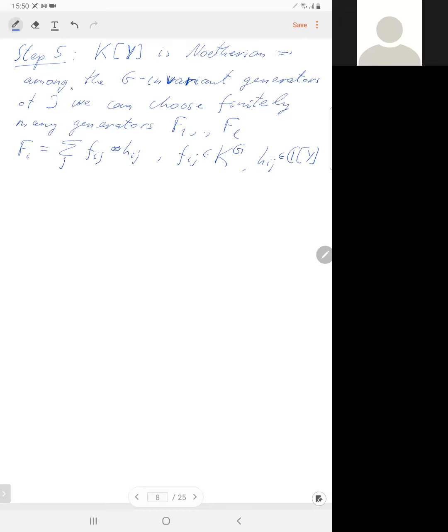Okay. And there we are. These functions F_ij are exactly the Rosenlicht functions. So it's the end of the proof, the last step, step 6. The F_ij's are the desired Rosenlicht generators.